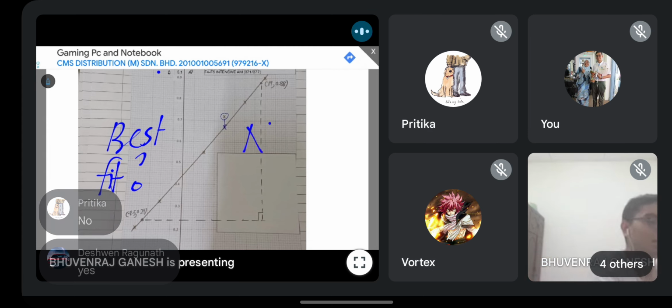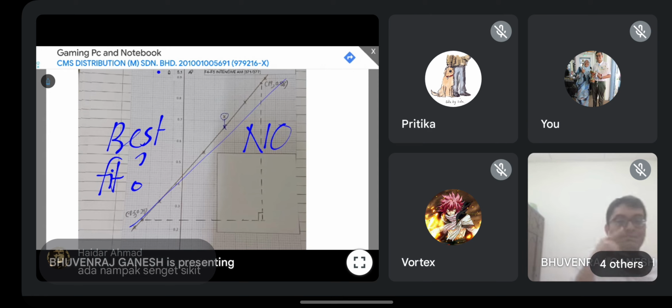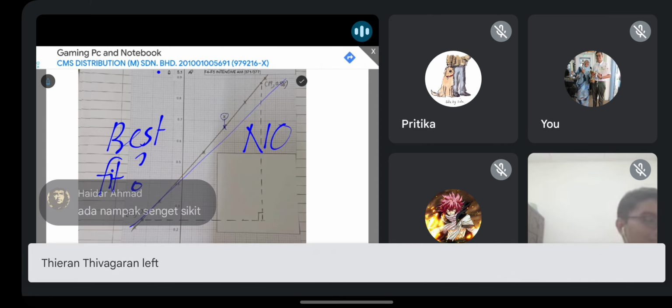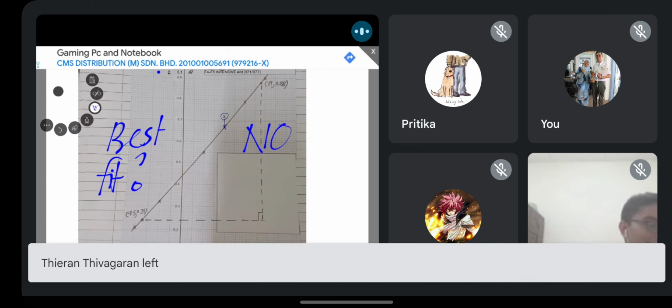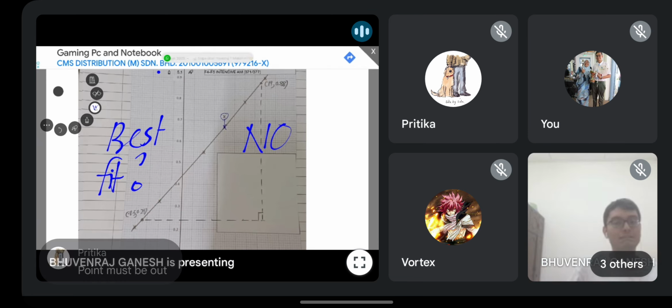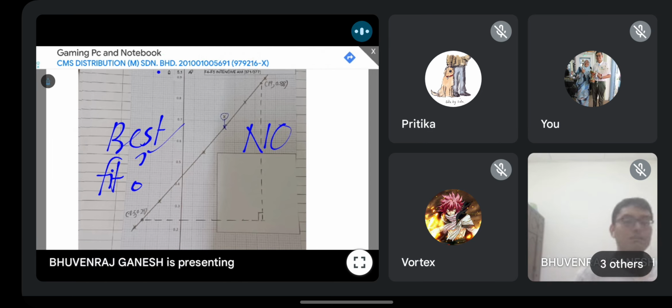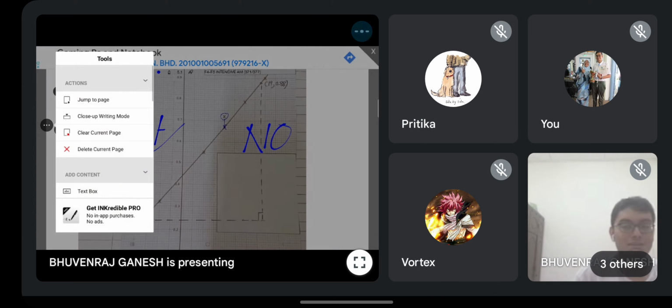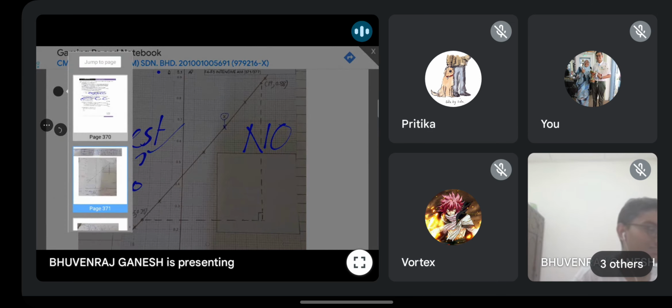No, guys, because it passes through all the points. All pass through, guys. Every single point it passed through. It means this is not a best fit. Points must be out a bit for it to be called a best fit. But this one passes through everything, so it's a perfect graph. Okay, good.